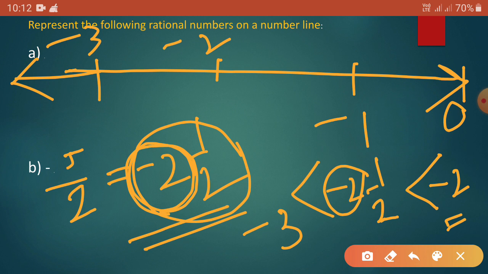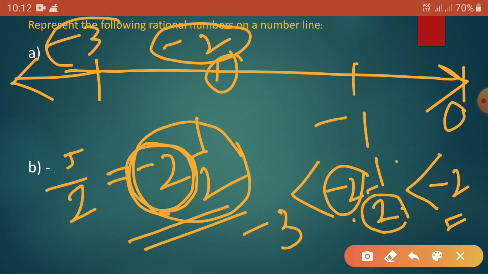Got it? So if we now represent this rational number on the number line, we take first minus 2 and then 1 by 2. Minus 2 means it will be after minus 2 on the number line, and then 1 by 2. The denominator is 2, so we have to divide the segment between minus 3 and minus 2 into two equal parts.